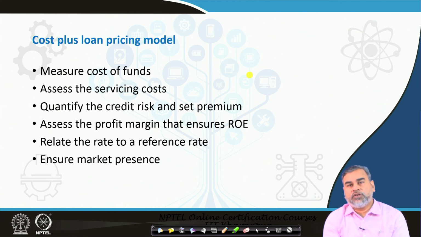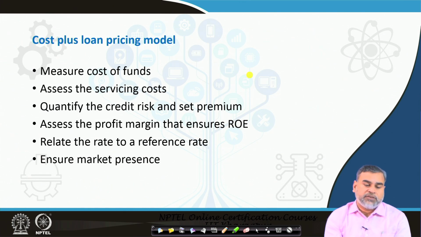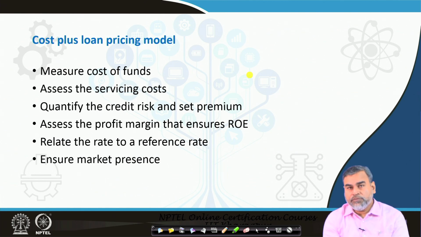First of all, we measure the cost of the fund, then we measure the servicing cost, then we quantify the credit risk, and for that we set a premium. Then we calculate the profit margin, and we have to ensure that margin secures the expected return on equity that the particular bank is interested in.